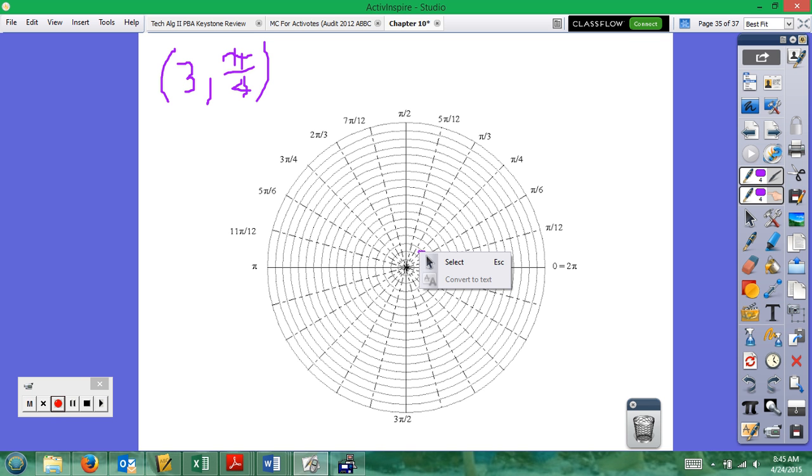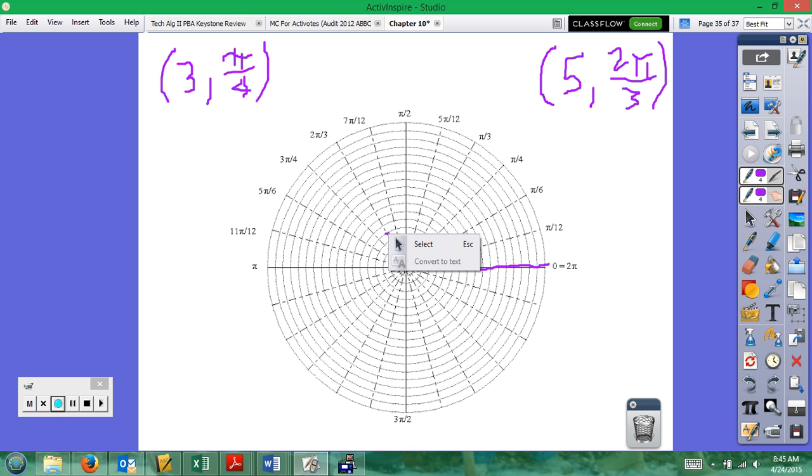If we had 5 comma 2 pi over 3, I'm going to rotate from the positive x-axis over to 2 pi over 3, but I'm going to count out 5 of these radii units from the center. So 1, 2, 3, 4, 5, and I see it right about there. I need a nice accurate stylus for this, but this will work for now. That newest dot is 5 comma 2 pi over 3.